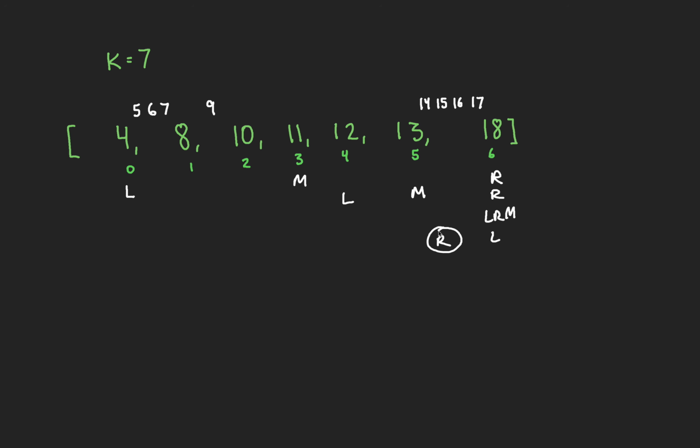From our right pointer, which points to this 13, how many missing numbers were there to its left? Well, recall it was 13 minus our leftmost element, the 4, minus its index 5 to get 4 missing numbers, these 4. That was denoted by array of r minus array of the leftmost number at the 0th index minus right.